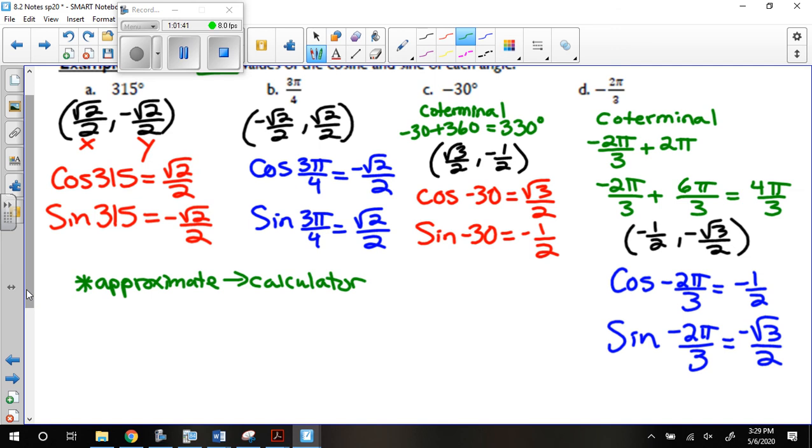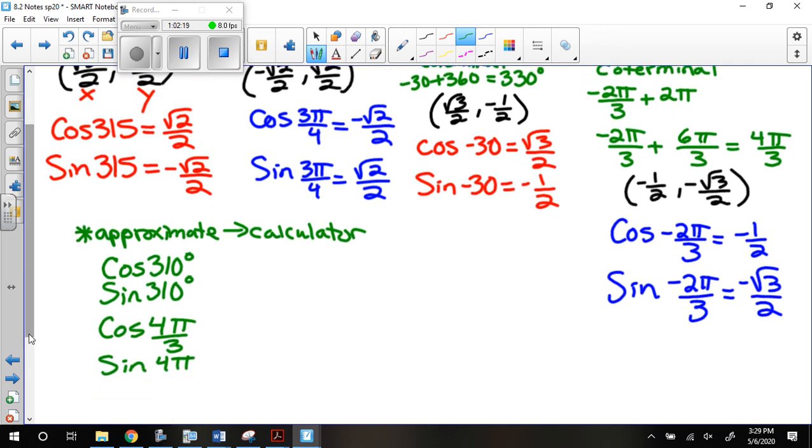So let's do cosine of something that's not on my unit circle, so we'll say 310, and sine of 310. And then I'll pick a radian amount that's not on my unit circle: cosine of 4 pi over 3, and sine of 4 pi over 3.